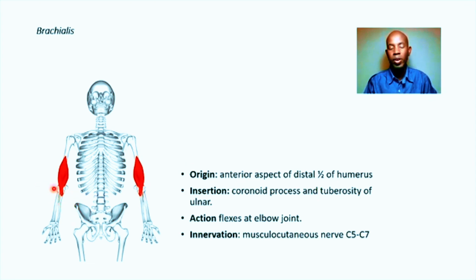It does not involve any supination or pronation. Why? Because it's the radius that supinates or pronates over the ulna, and this muscle does not attach to the radius. It only attaches to the ulna, so that's why it's a purely forearm flexor. It's innervated again by the musculocutaneous nerve, spinal cord segments C5, C6, and C7.